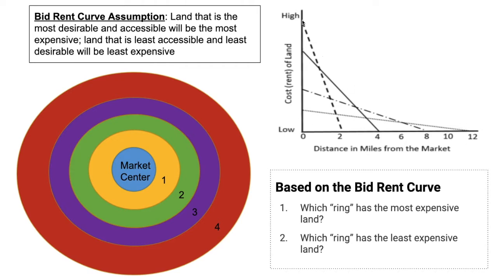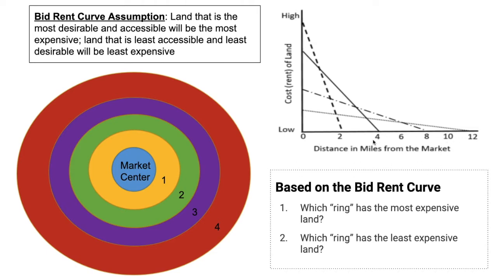What you notice with these curves is that for each of them, they are pointed downward, right? Or in other words, they have a negative slope. There's an inverse relationship between the y-axis and the x-axis. On the y-axis, we have the cost of land, and on the x-axis, distance in miles from the market.